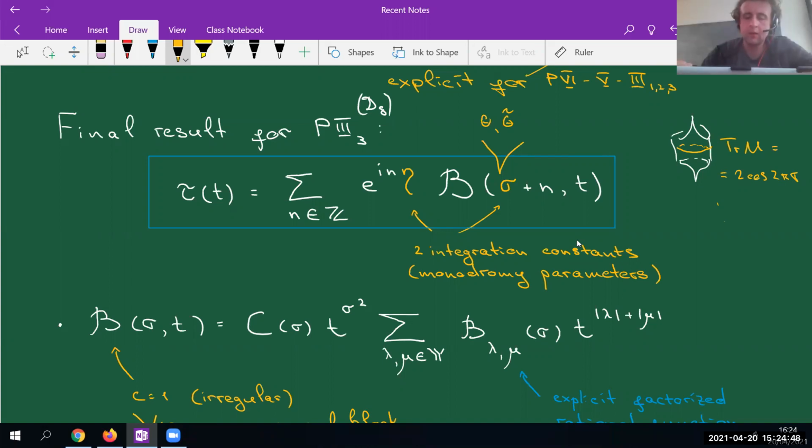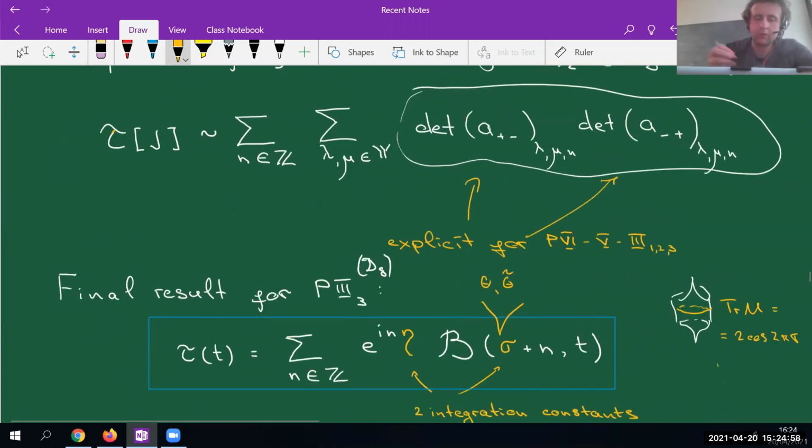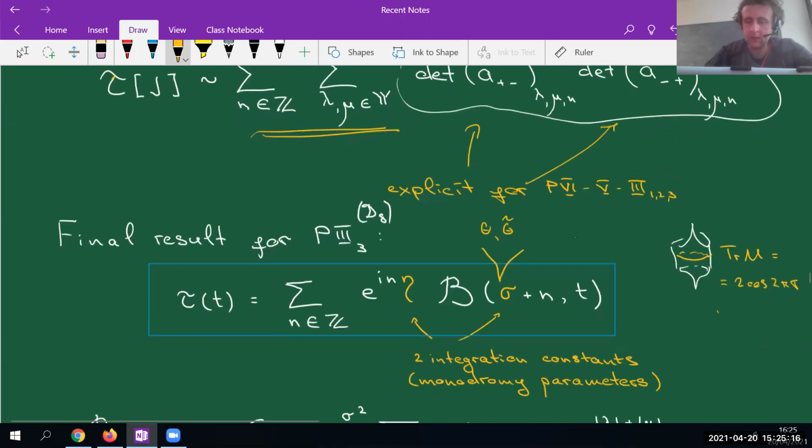Yes, and this is now specific for isomonodromic problems. The previous formula, which is here, is valid for arbitrary jump, but this periodicity you only have in the isomonodromic context. So this B is essentially this double sum over Young diagrams.